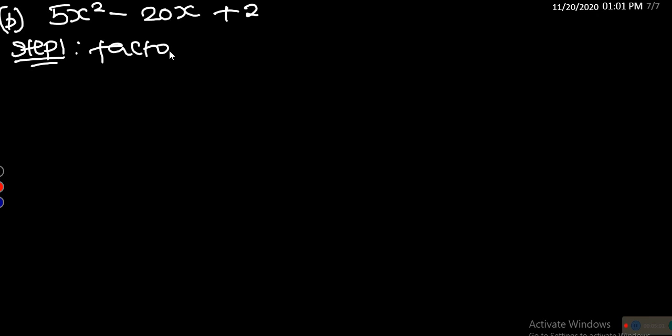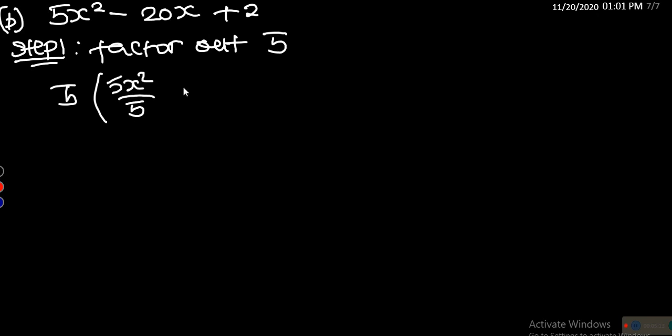Factor out 5, and divide through by 5 again, we are going to have 5 into (5x²/5 − 20x/5 + 2/5).